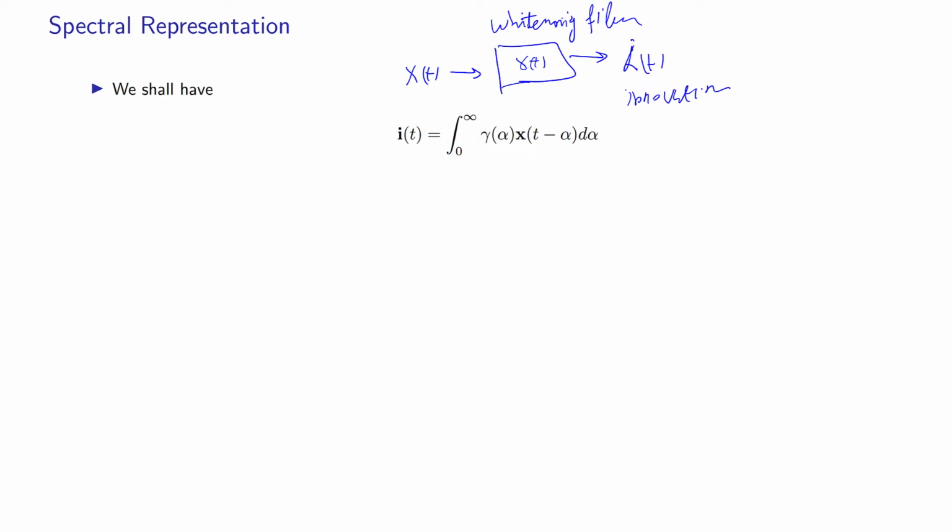So the innovation process is just a convolution of the impulse response of the whitening filter and the input.